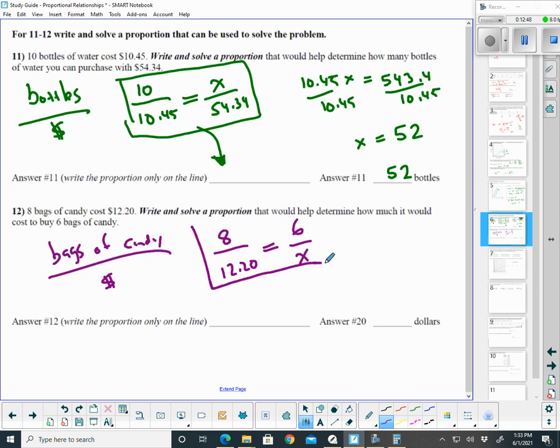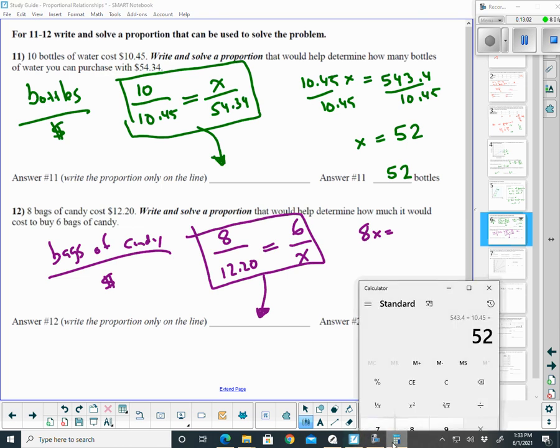So that right there is our proportion that would go on this line. Okay. Now, let's solve that proportion. Well, 8 times x is 8x, and 6 times $12.20 is 73.20.